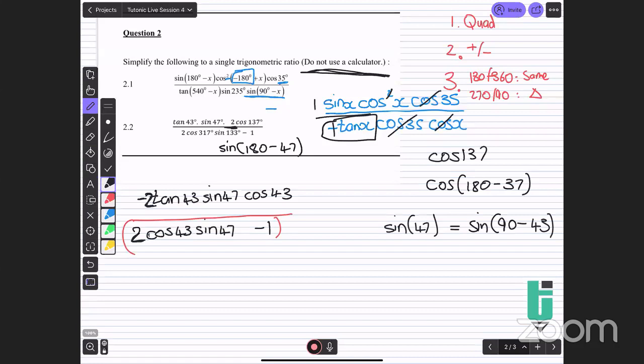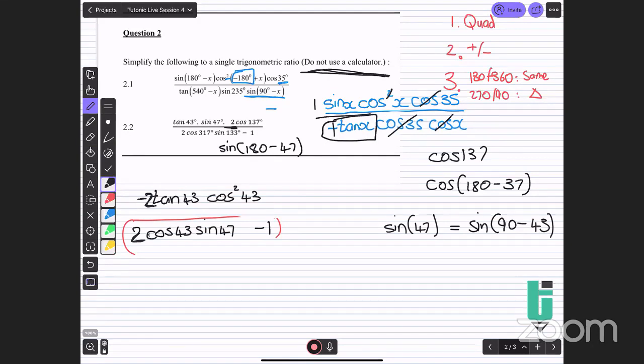So therefore, sine 47 is cos 43, which gives us cos 43 squared.